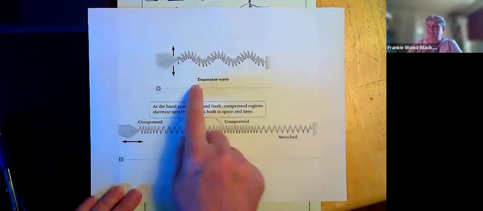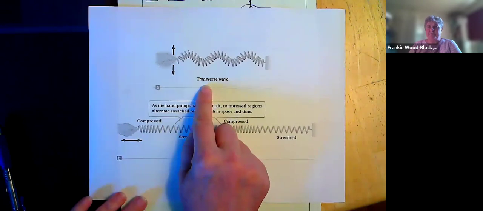I can make the slinky go up and down, and this is a transverse wave. So I think one of you asked, am I going to ask conceptual questions? One of the conceptual questions I will ask is describe a transverse wave and describe a longitudinal wave, and what's the same and what's the difference.